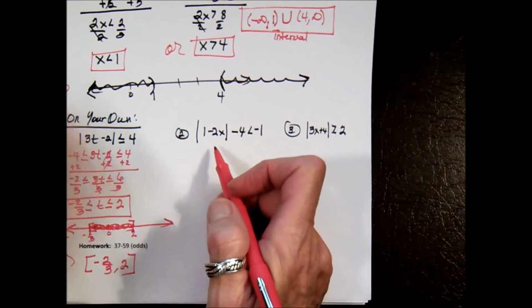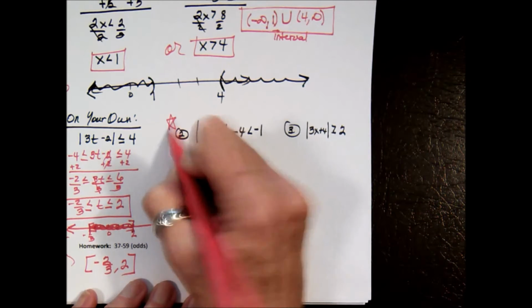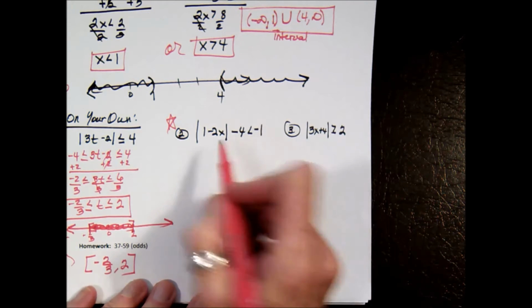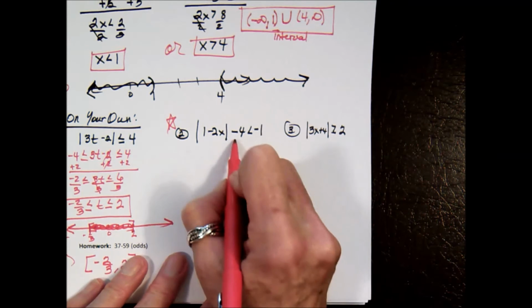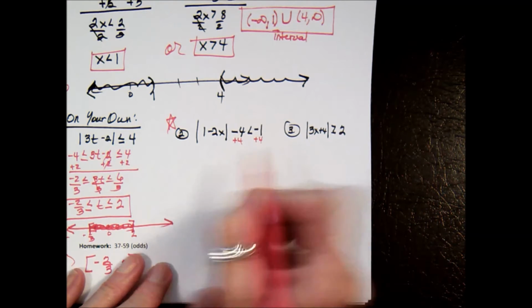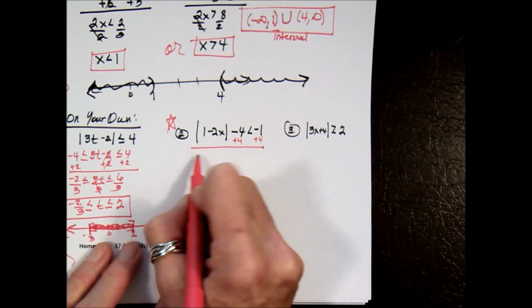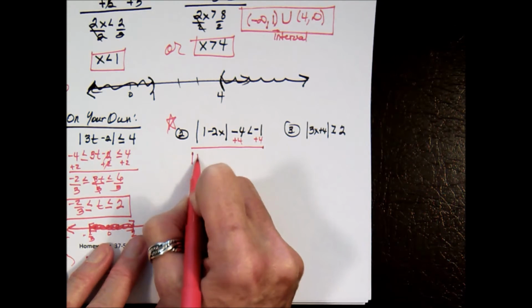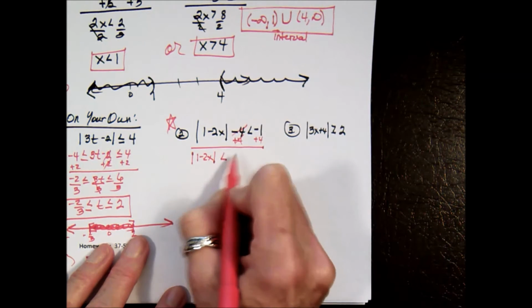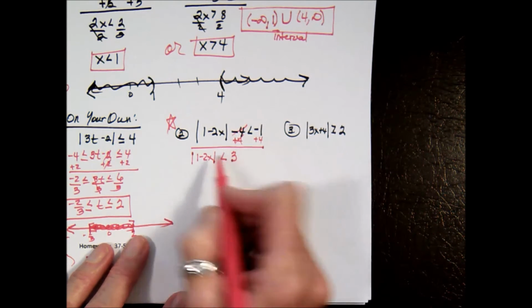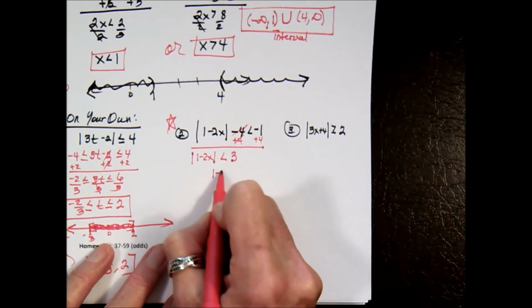All right, let's look at this one. This is another one that is a type 1 because of the less than, but the absolute value is not isolated. So I'm going to add a 4 to both sides. I get the absolute value of 1 minus 2x is less than 3. Now I take the absolute value away.